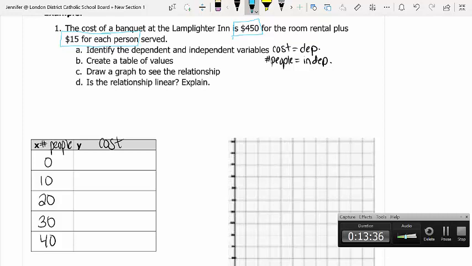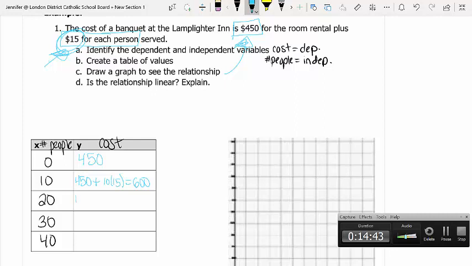So let's go ahead and calculate cost. If no one shows up, you're obviously not going to pay $15 for anybody, but you're still going to have to rent the room. So the cost is going to be $450. If 10 people show up, you're going to pay $450 plus 10 times 15. So it's going to cost you $600.